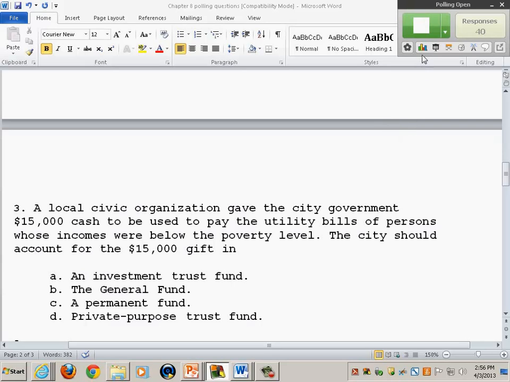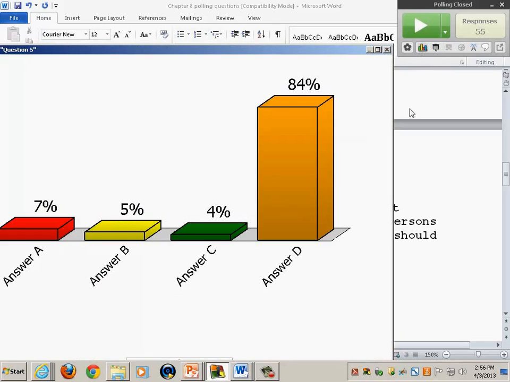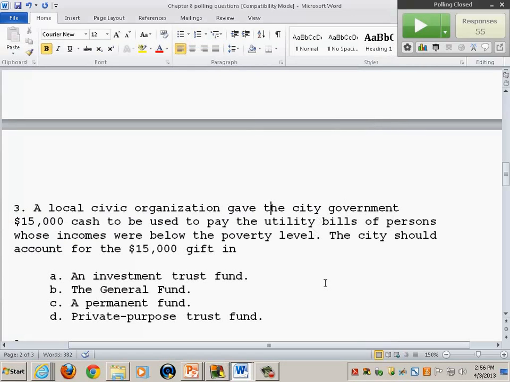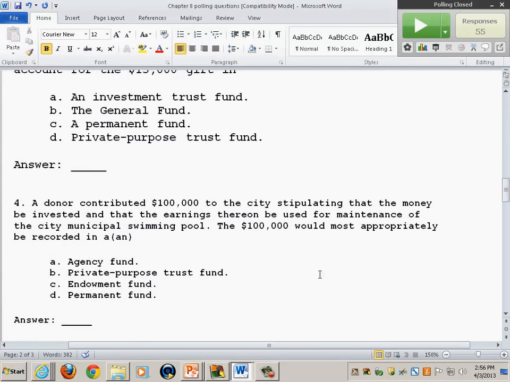Okay, how are we doing there? Got a few more. Okay, one more. All right. Excellent. Much better. We're doing better. Okay. Everybody see why it is that?